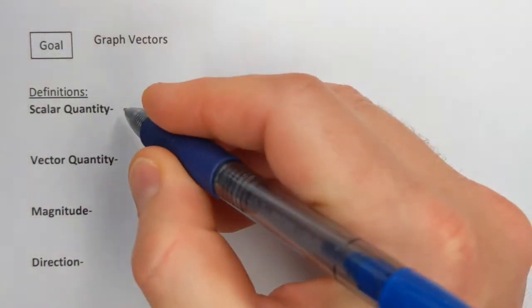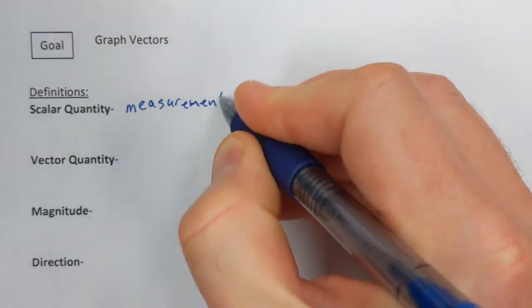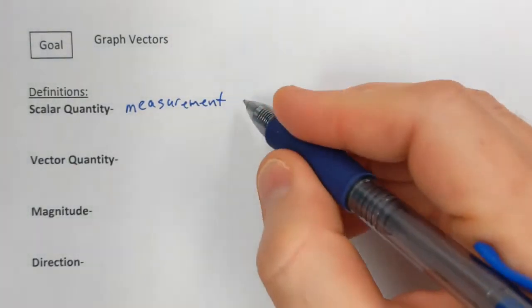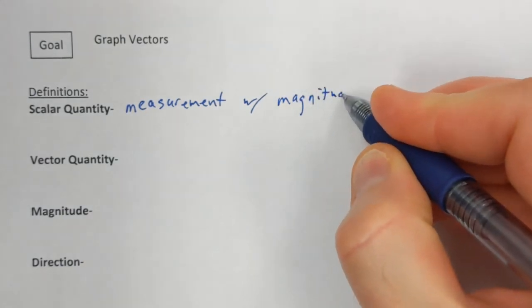When we talk about the word scalar, a scalar quantity, this would be a measurement with magnitude only.